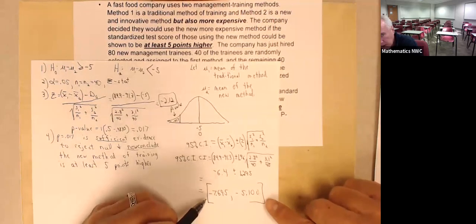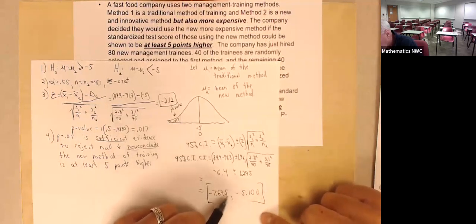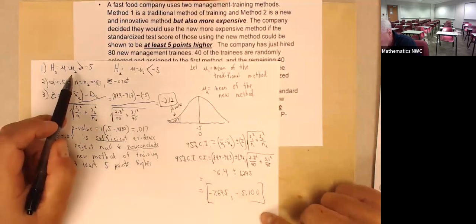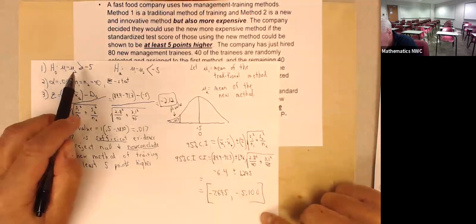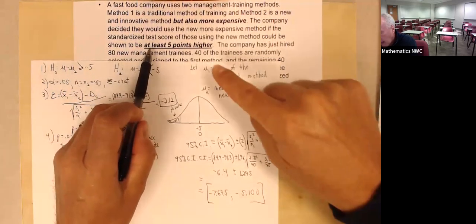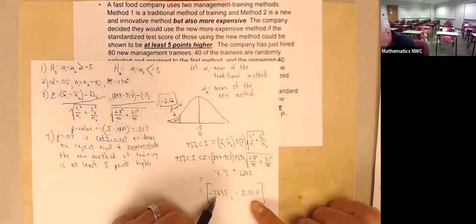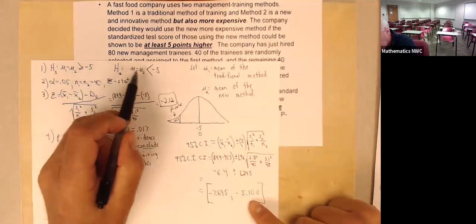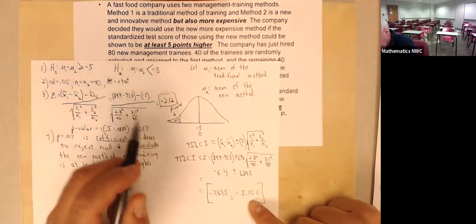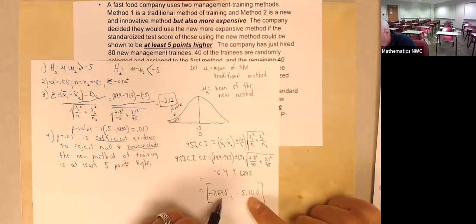This interval is just a little bit more difficult to interpret. First of all, we could say that it's all negative, but that might only indicate that the second method is a little bit better than the first. We want it to be at least 5 points higher. That means that this interval has to be less than a negative 5, because we were comparing it to the negative 5. Notice the entire interval is below the negative 5.